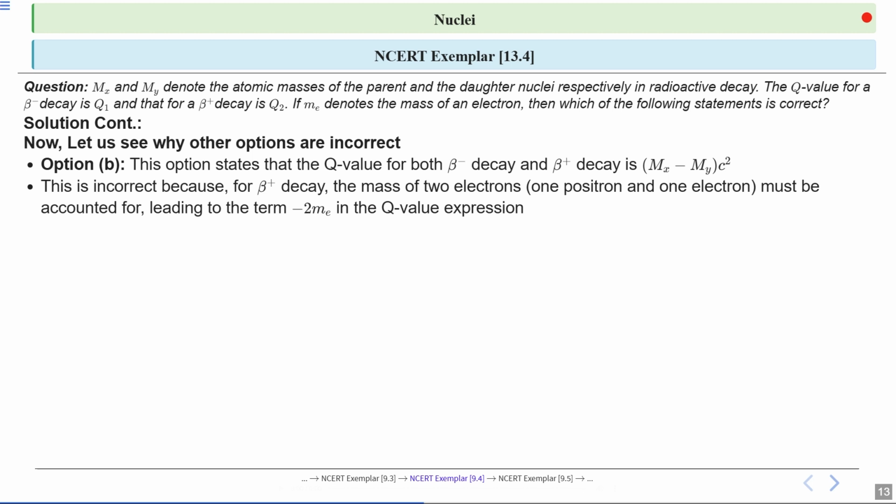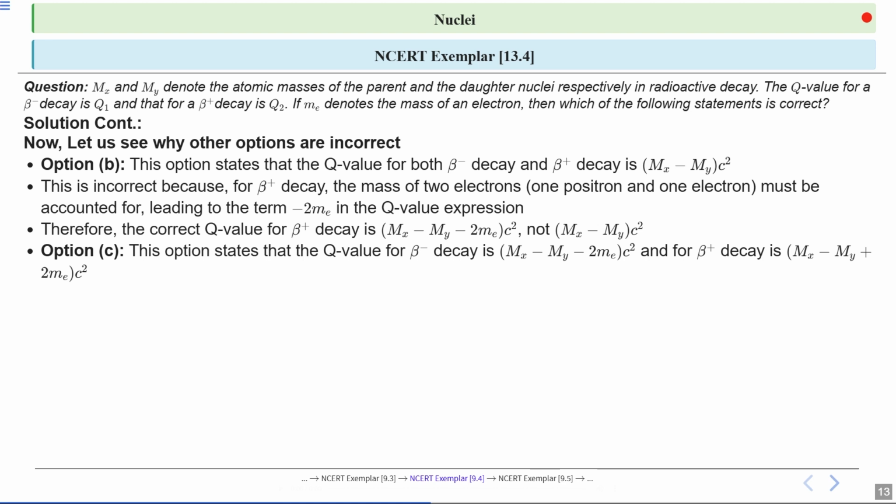For beta plus decay, Q2 came out to be Mx minus My minus 2Me C square. So the Q value differs by minus 2Me for beta plus decay due to the positron and electron mass. Hence option B is wrong. The correct Q value for beta positive decay is Mx minus My minus 2Me C square, not Mx minus My C square.